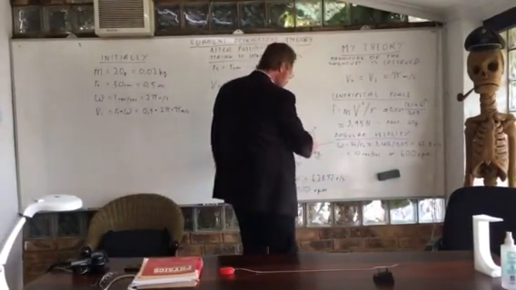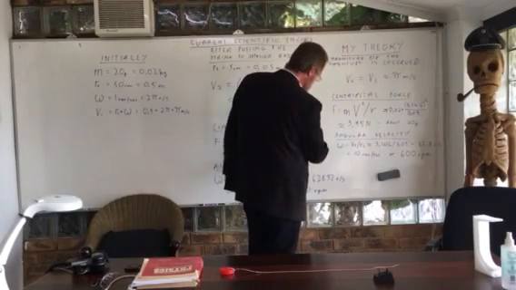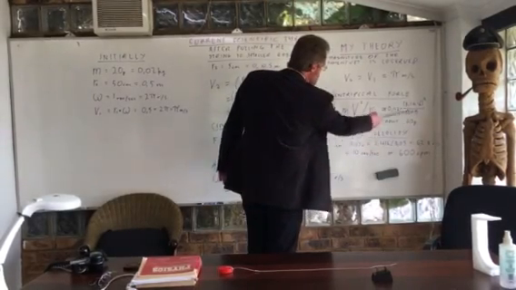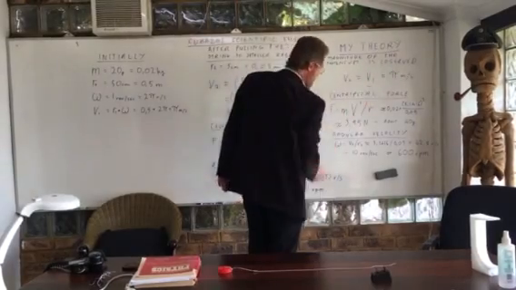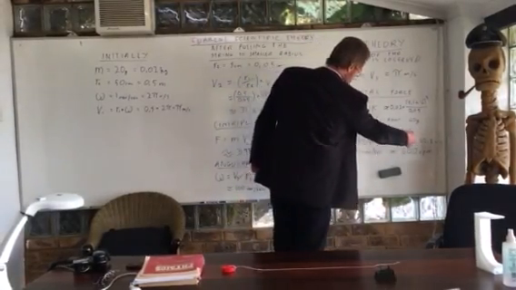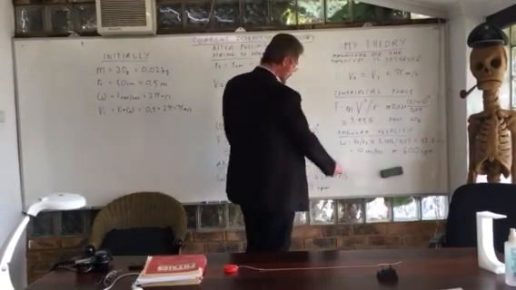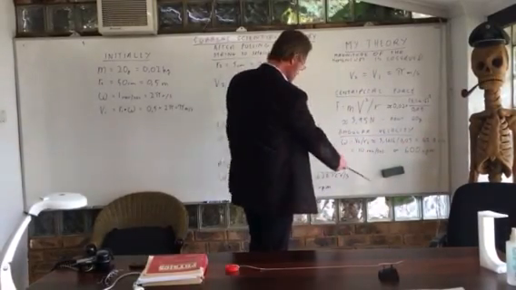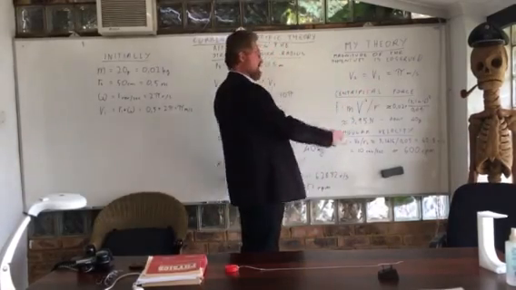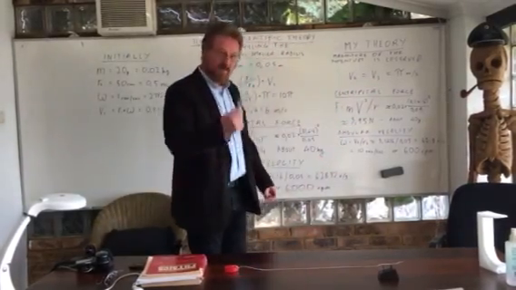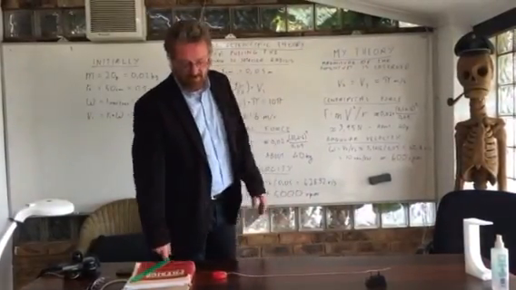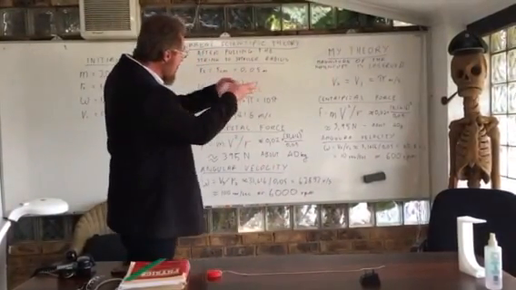Angular velocity omega is V2 over R2 equals pi meters per second over the radius, which is 62.8 radians per second, which is about 10 revolutions per second, or 600 RPM. But 10 revolutions per second, well, you can kind of guesstimate that it is about there. That is the reality.